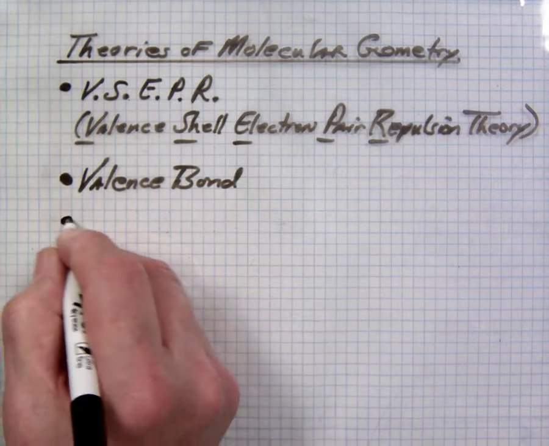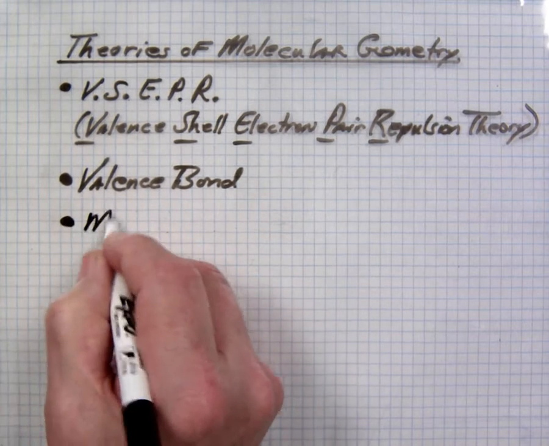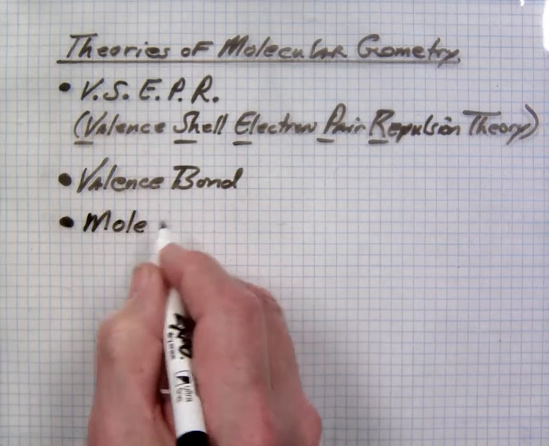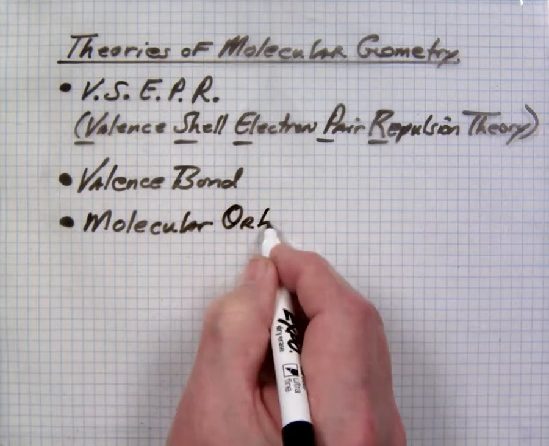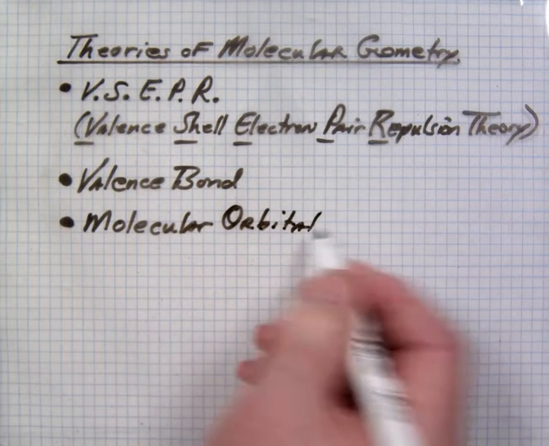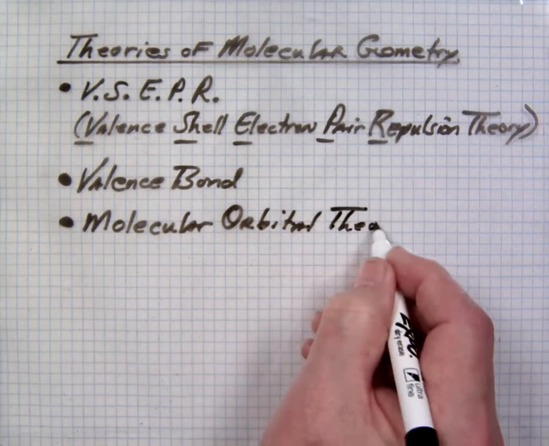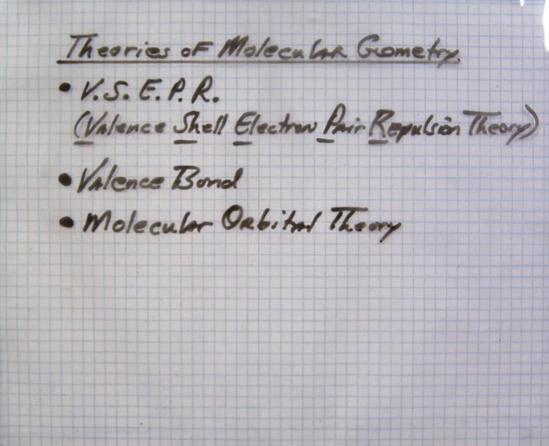And then the third one is called the molecular orbital theory, in which we consider things like diamagnetic and paramagnetic properties of bonds, and whether or not they have an anti-bonding orbital or a bonding orbital.